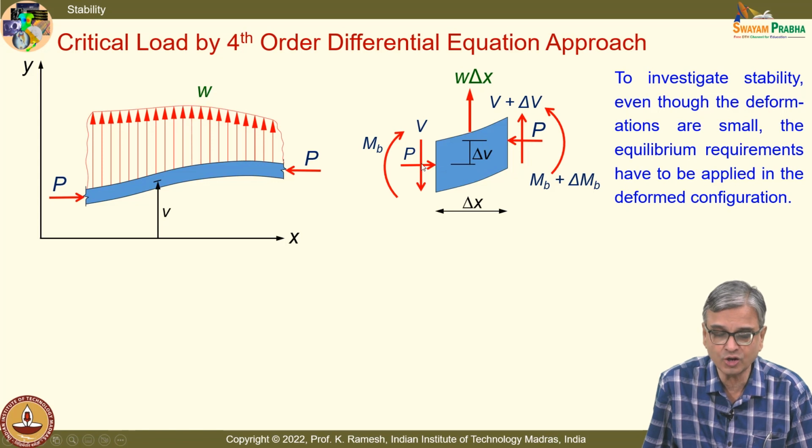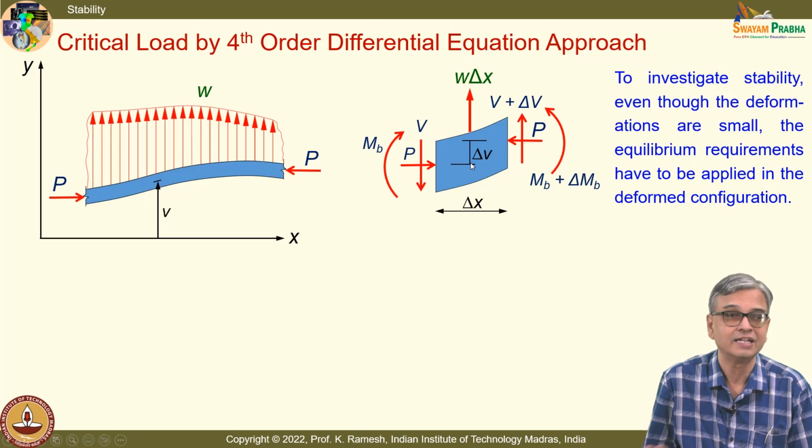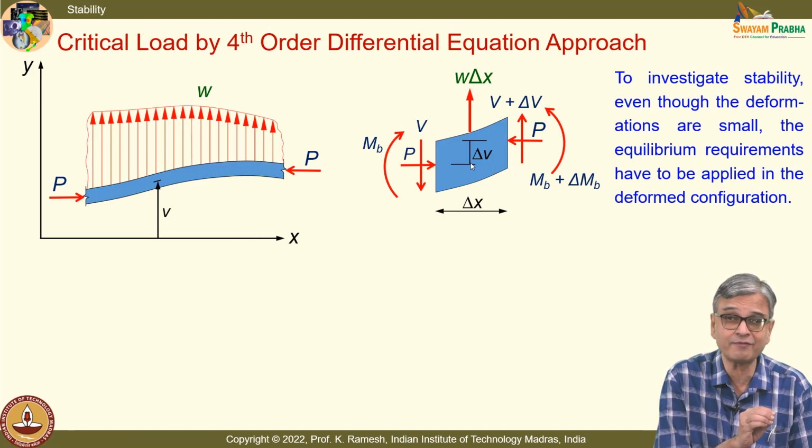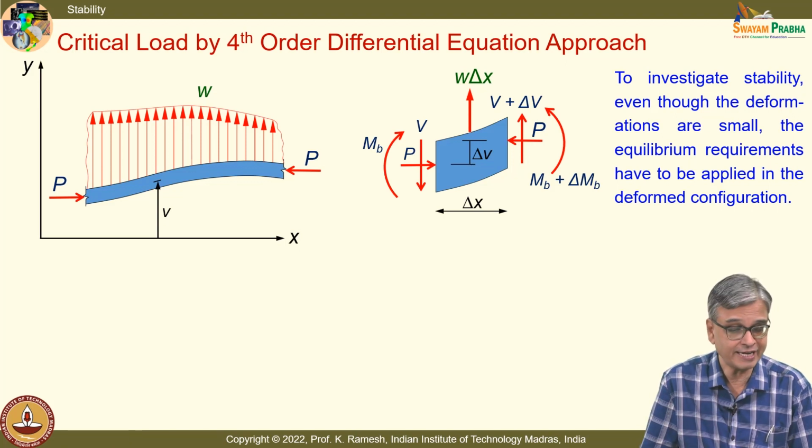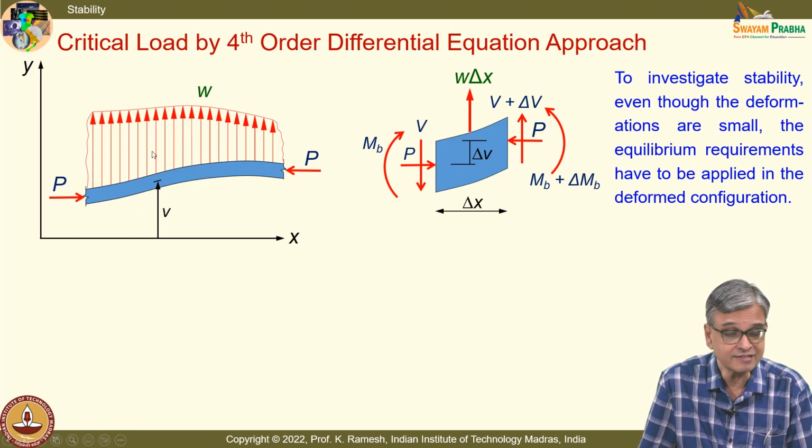So, these loads P are separated by a distance delta v. That is the only difference from what we have done for finding an interrelationship between shear force and bending moment. We had taken this beam as straight. Here we have considered this as deformed, so that I can investigate and I get an extra term in this. Otherwise, the mathematics is simple.